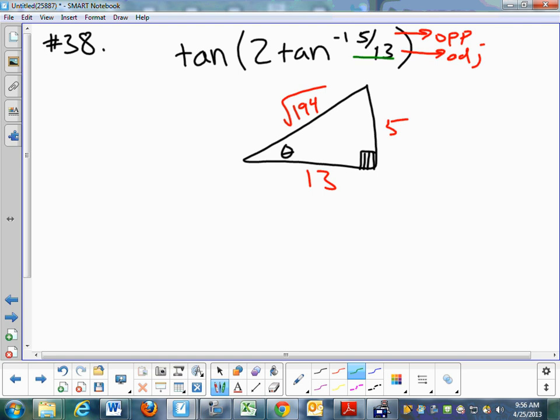What if I tangent inverse 5 over 13? What do I get? I get theta. So this equation becomes tangent of 2 theta. Well, what's your double angle formula for tangent?